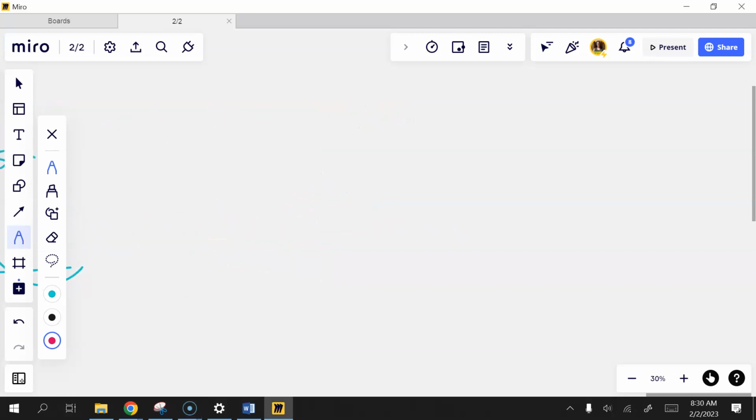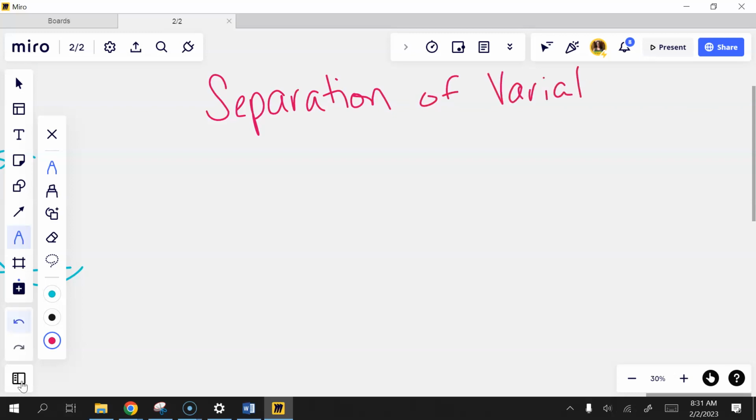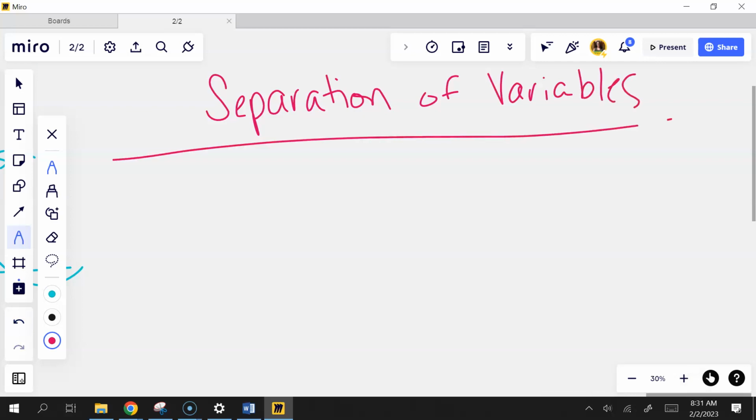Separation of variables, yeah. When I first started teaching, I wrote separate on the board, and I had spelled it S-E-P-E-R-A-T. One of the English teachers that I was friends with then, Miss Williams, came in and said, Stacy, there is a rat in the middle of separate.